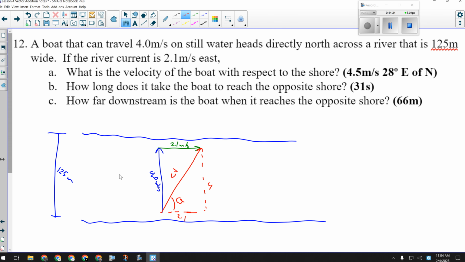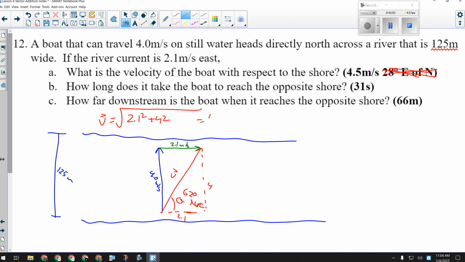So actually this angle, I should correct that. That angle's not right because that's the complementary angle. My angle of 62 degrees is correct, and that is north of east. I also need V. That's just a Pythagorean theorem calculation, 2.1 squared plus 4 squared.